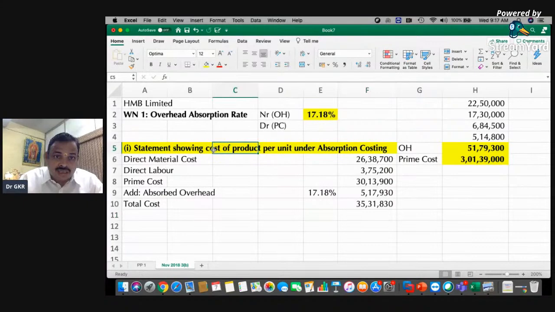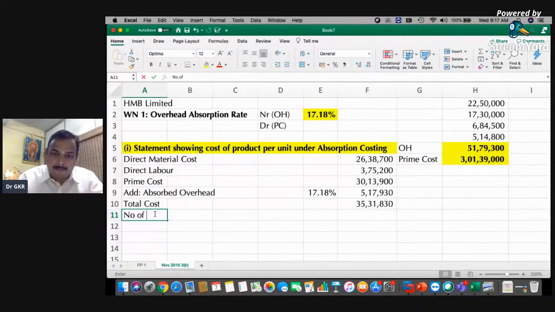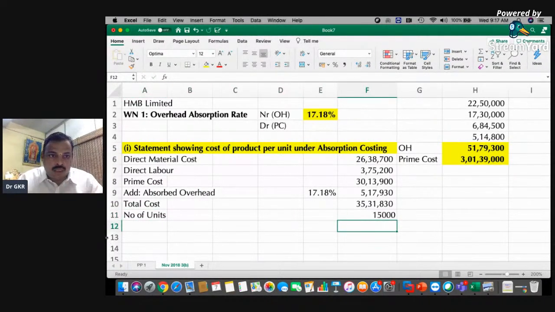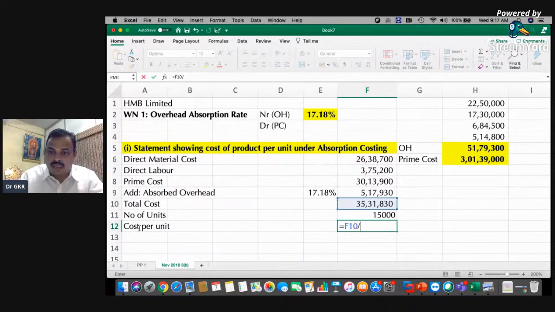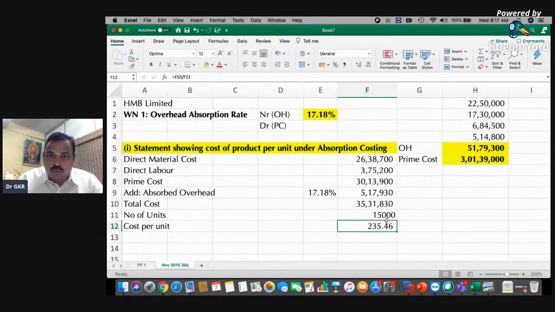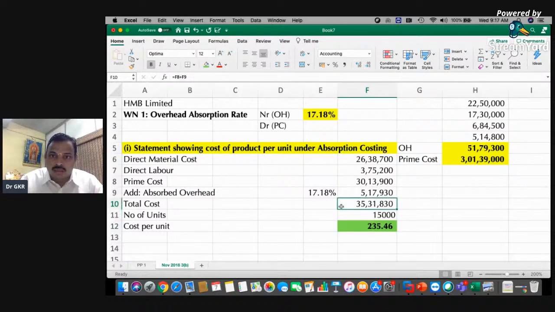Now he is asking cost per unit, cost of product per unit. So number of units is 15,000. Therefore, your cost per unit is equal to 35 lakh 31,830 divided by 15,000, which is 235.46. I put it in green color. So what do you want?